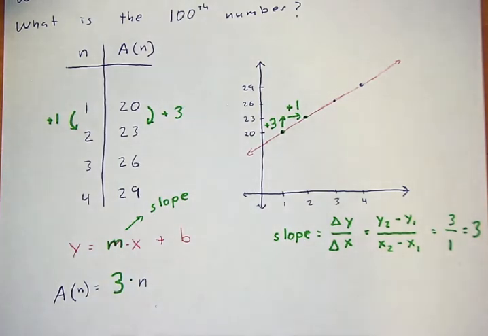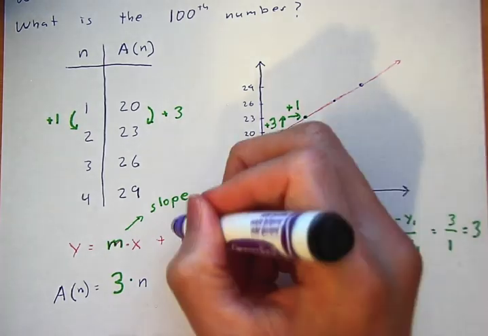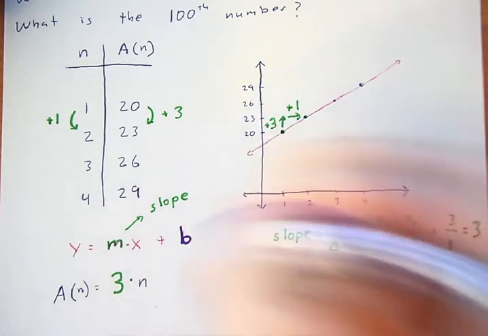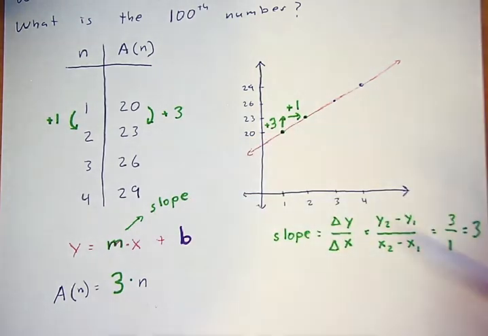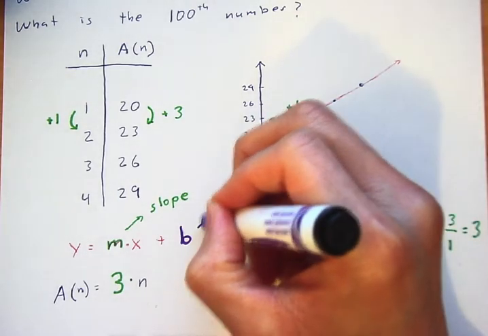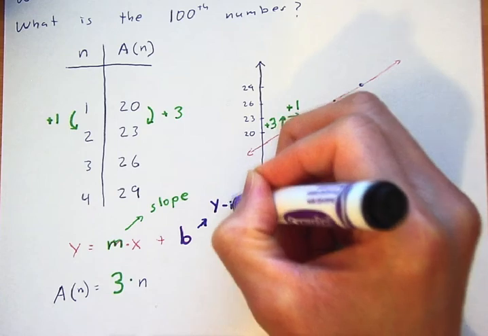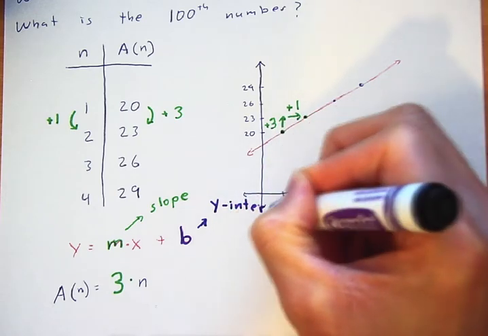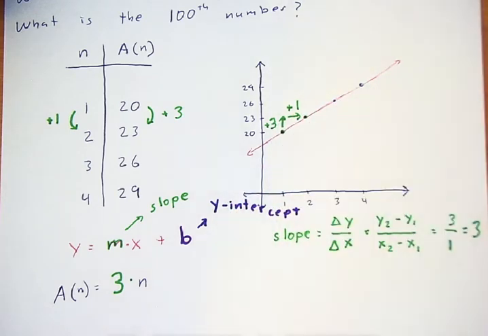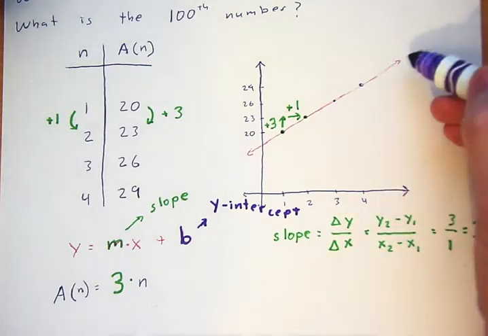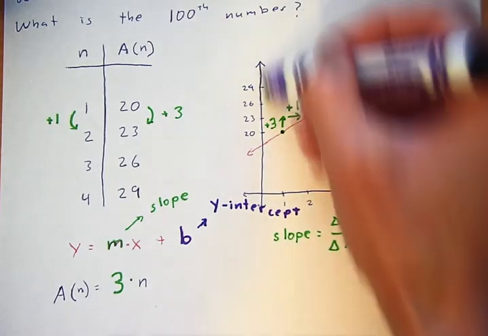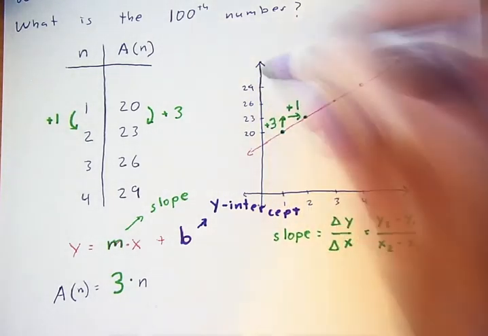All right, this b here is called your y-intercept. Your y-intercept is just where your line touches your y-axis.